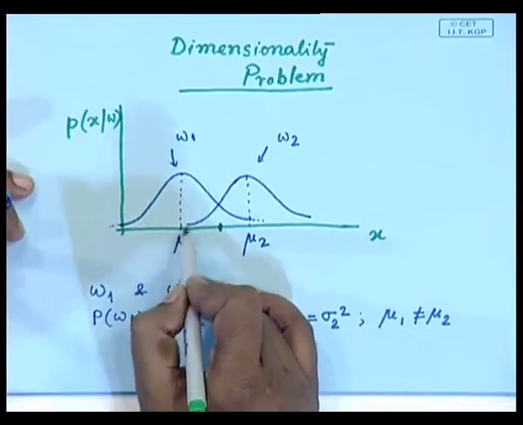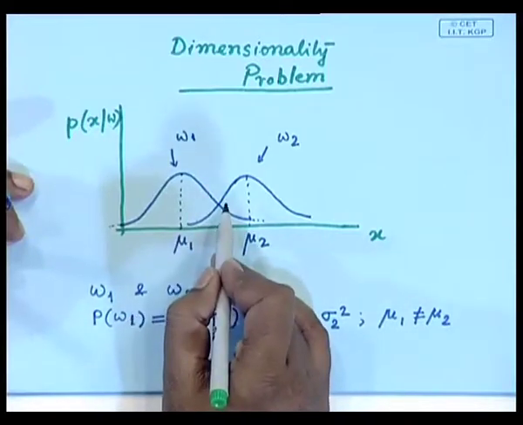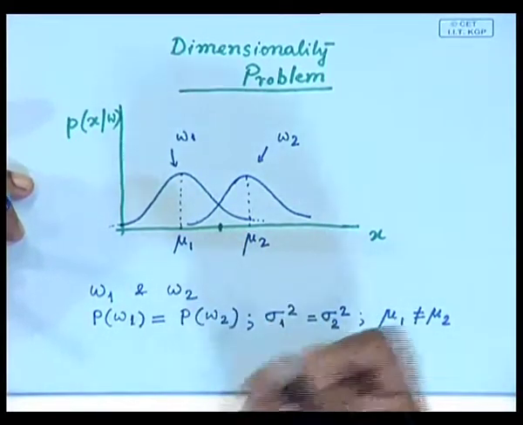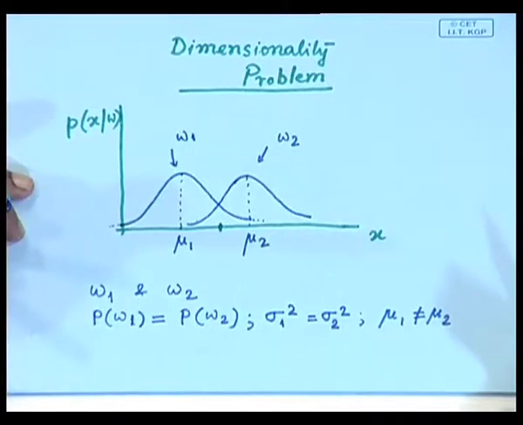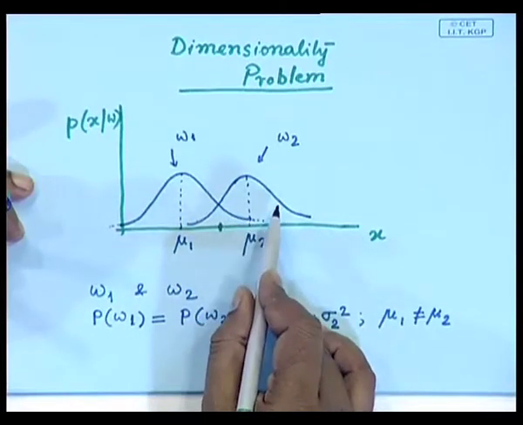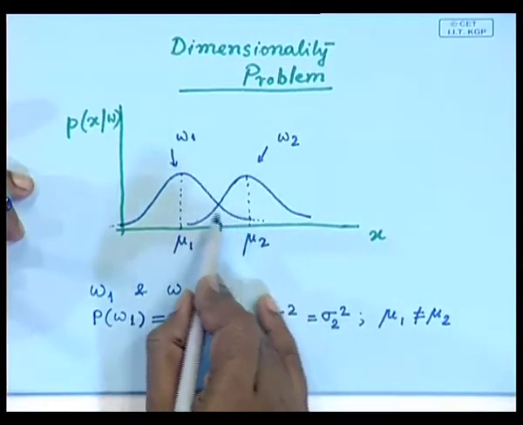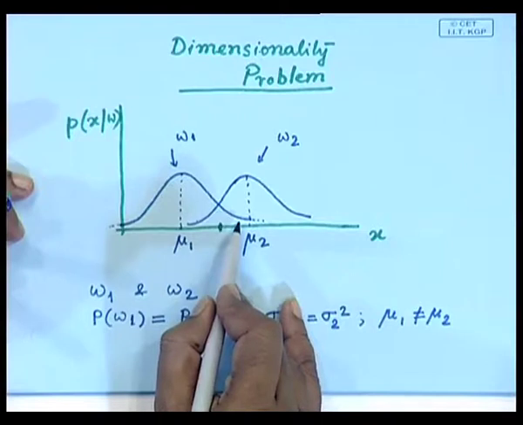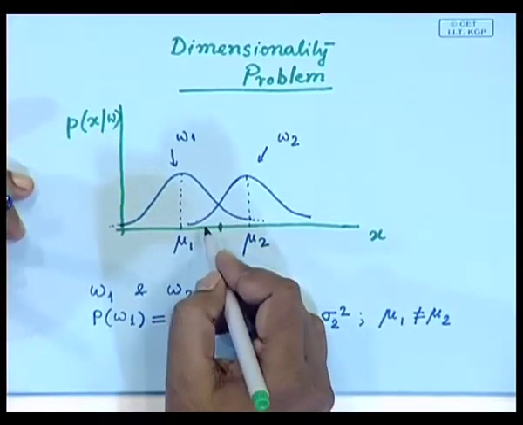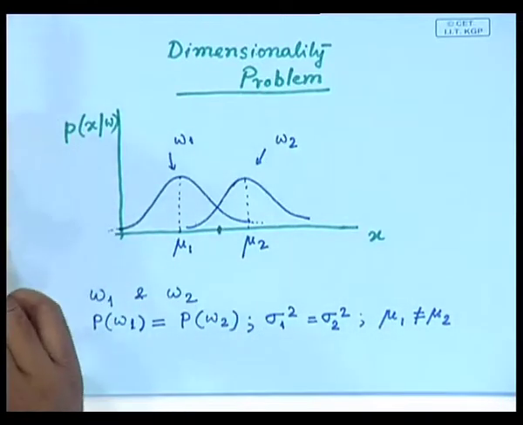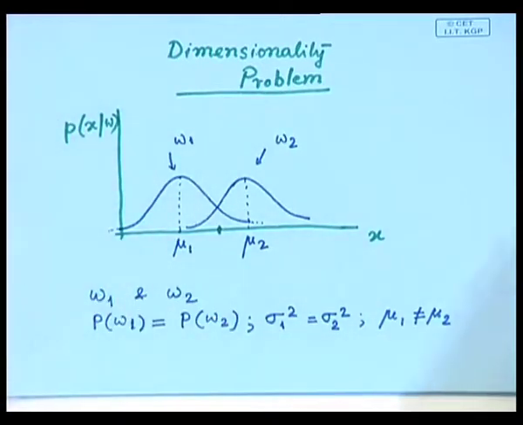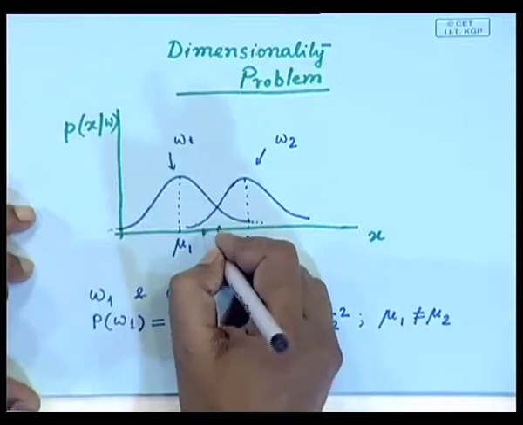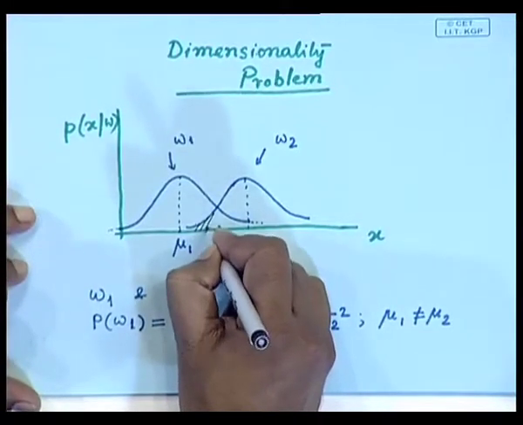Okay. Then we have also said, when we talked about the Bayes or minimum error rate classification, that the error in taking this decision, because whenever I decide in favor of class omega 2, there is a finite probability that it may belong to class omega 1 as well. Okay. So, the error involved in taking this decision that we said earlier is nothing but the area under this curve.